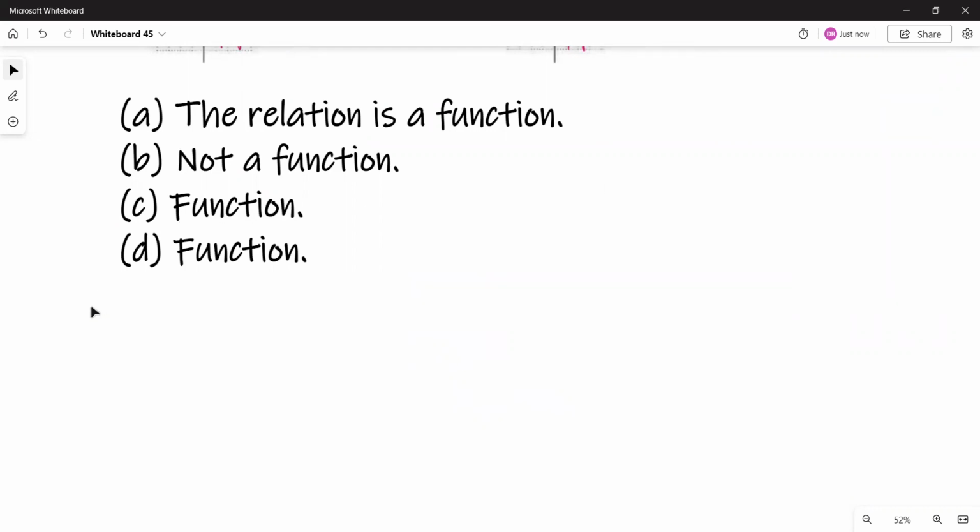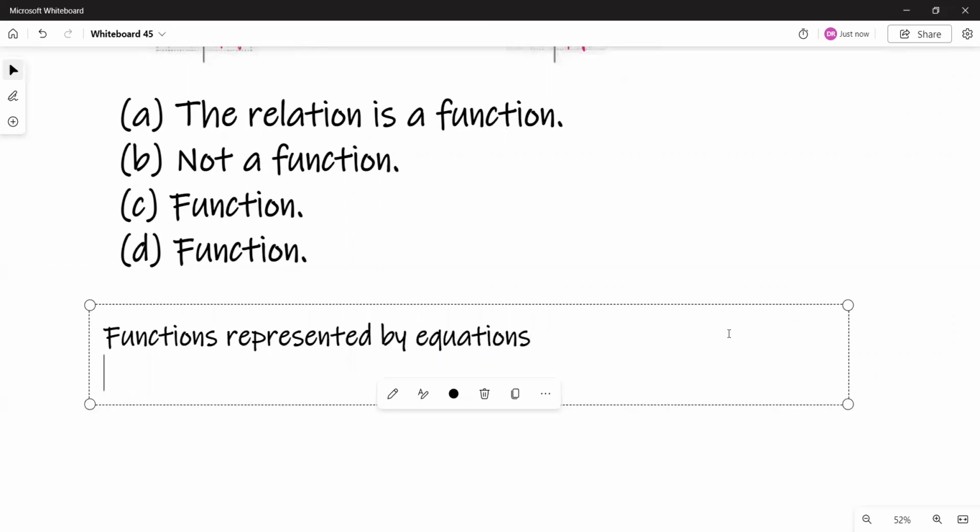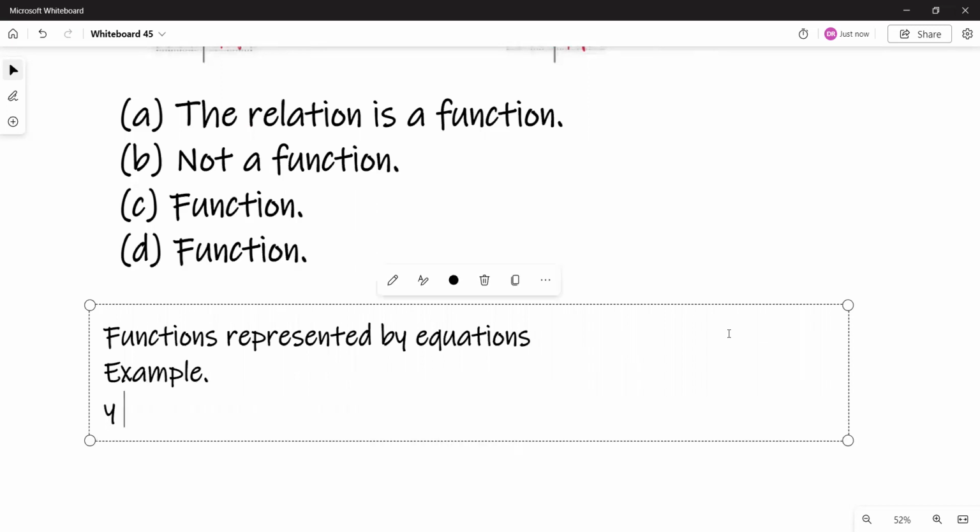So I mentioned in the last video that, at least in this course, the most important way to represent a function is by an equation. One example is, let's write the equation, y equals 2x plus 1.